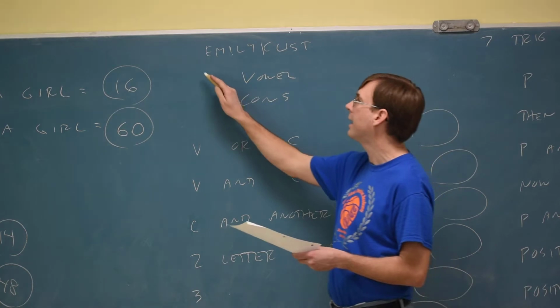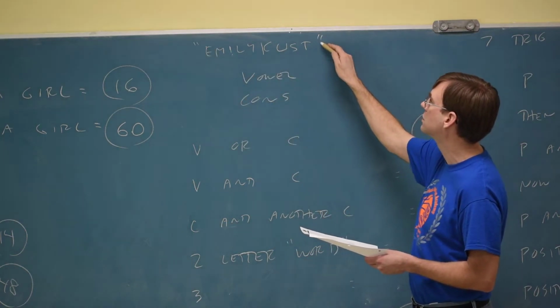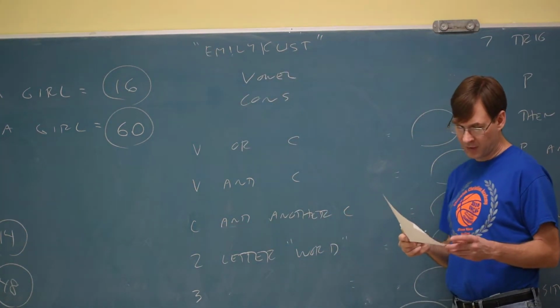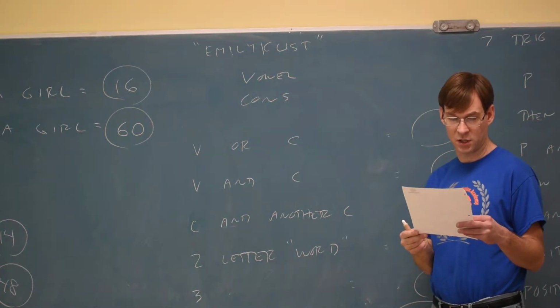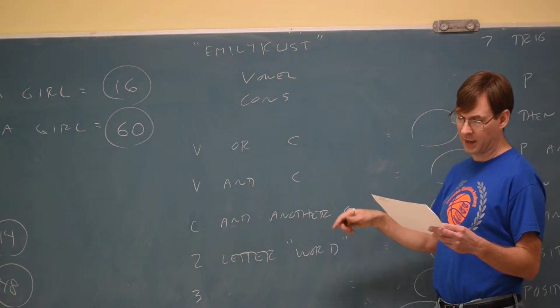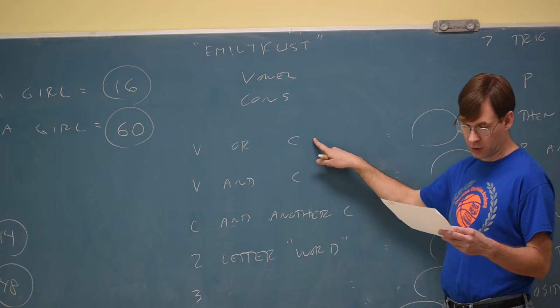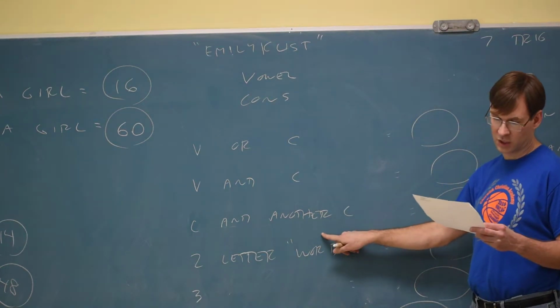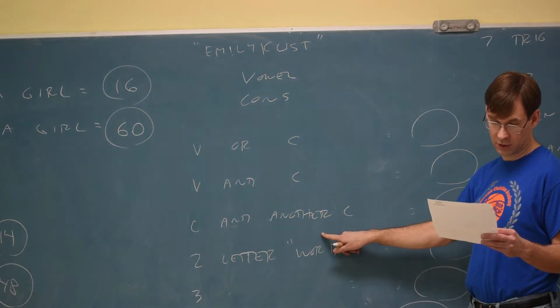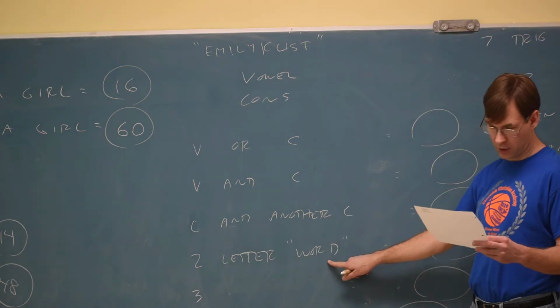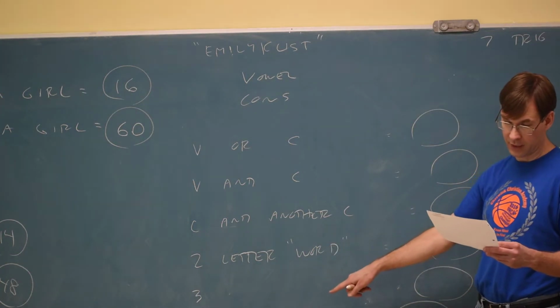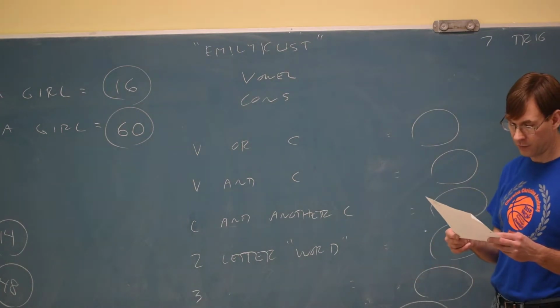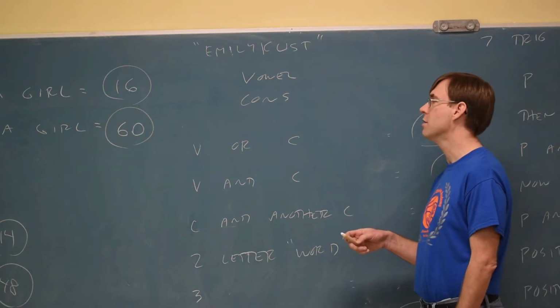But if we look at the letters in Emily Clift's name from back in the day, I have a series of questions asking you about picking from her name a vowel or a consonant, and a consonant and another consonant, building a 2-letter word, building a 3-letter word, building a 9-letter word. So first let's do a count here.